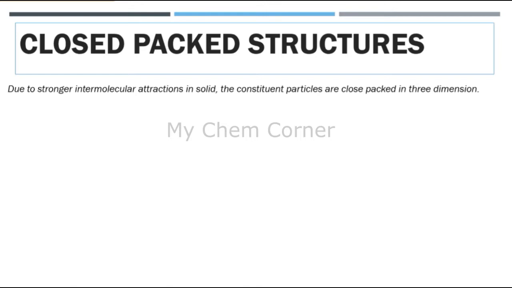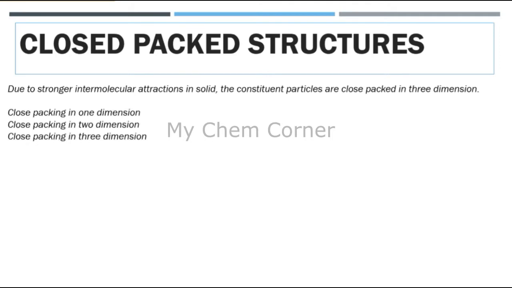So we all know the characteristic features of solids, that all these atoms are closely packed, their intermolecular attractions are very strong, they are not compressible and all of that. So because of all these features, they form very close packed structures in 3 different dimensions. So here we will be learning in detail regarding these close packed structures in 1 dimension, 2 dimension and 3 dimension.